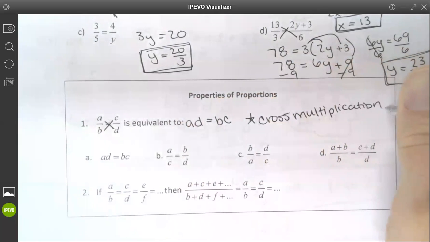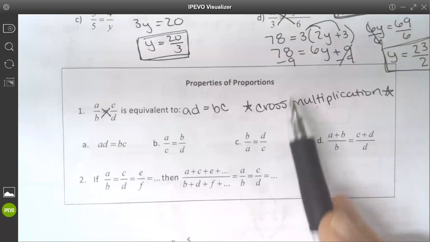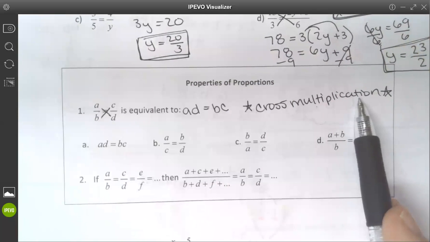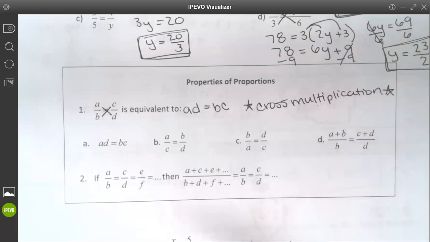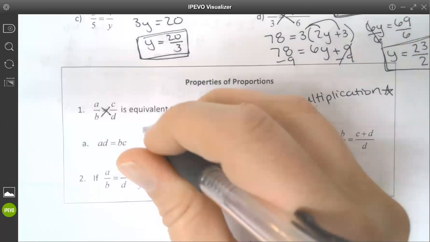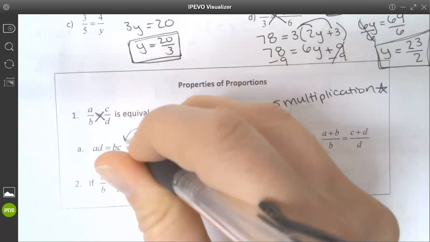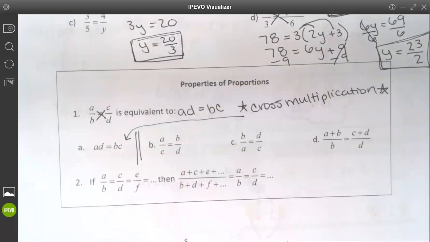But there are some other things that we could use. So cross multiplication, that's our first property.